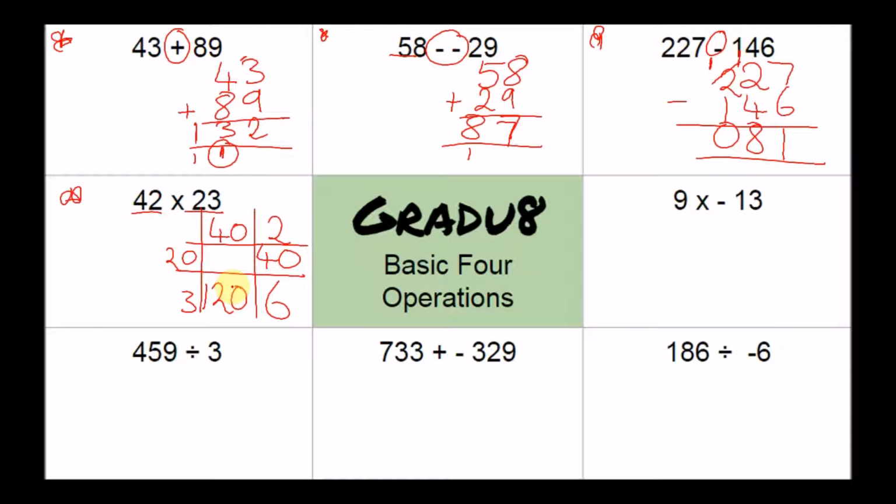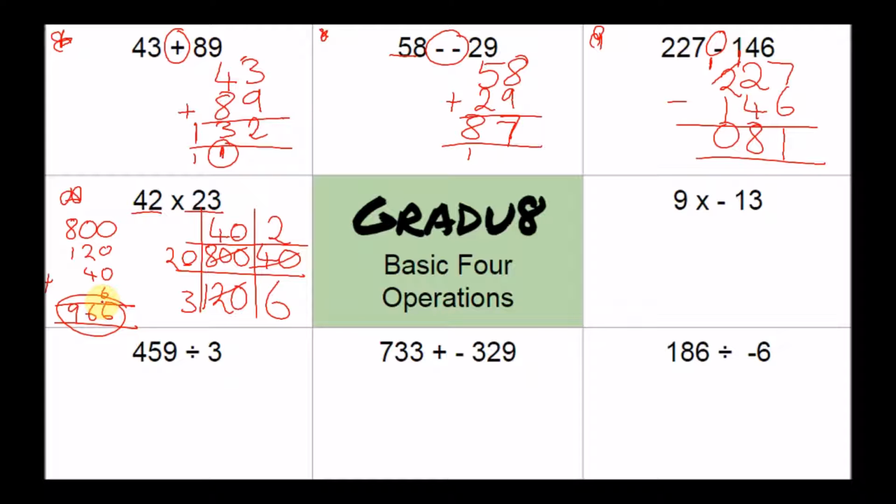Now 40 times 20, well, if I do 4 times 2 is 8, I've got a 0 here and a 0 here, which means 2 zeros in there. The last thing I'm going to do then, I'm going to take 800, which is here, 120, 40, and 6, and I'm going to add all of those up now. So all the zeros, 6, 2 and 4 is 6, 8 and 1 is 9. Gives me a final answer of 966.